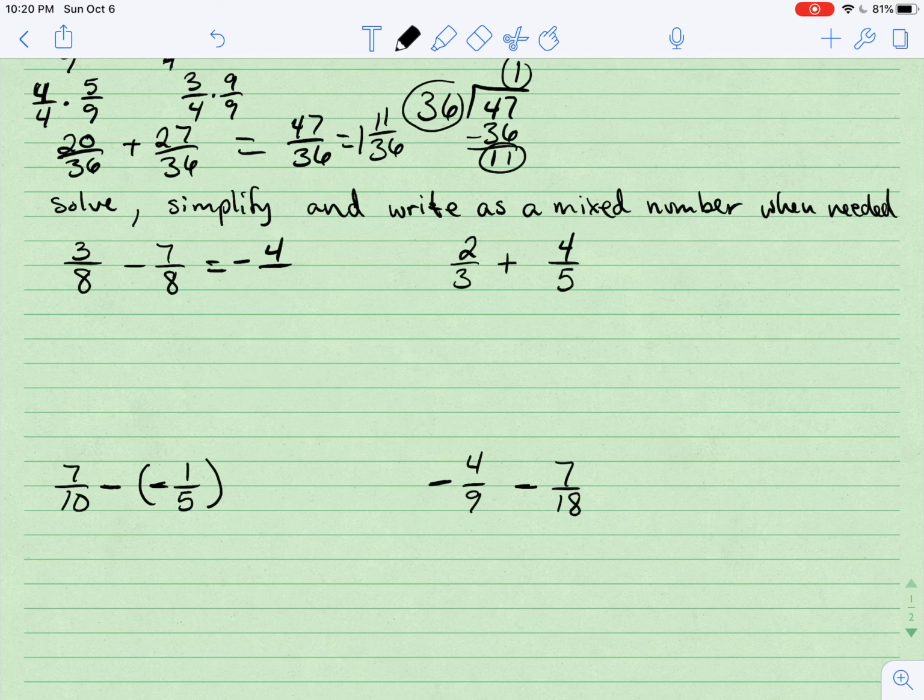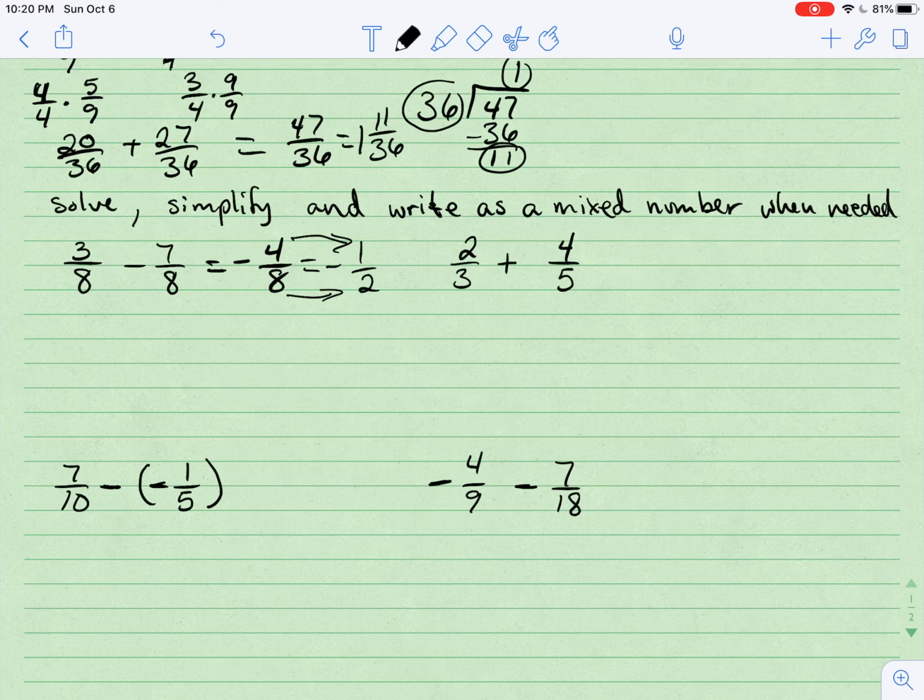And then we keep our denominator, which is 8. And now this can be reduced to -1/2. So the greatest common factor of 4 and 8 is 4. 4 divided by 4 gives us this 1 here, and 8 divided by 4 gives us 2.